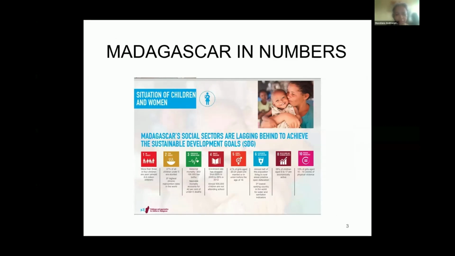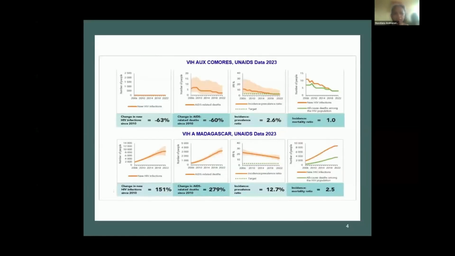And we are talking about malnutrition. 47%, almost half of all children under 5, are stunted. So it is the 5th highest chronic malnutrition rate in the world. And 28% of children aged 5 to 17 are already economically active. So this is the side about economic causes of malnutrition.